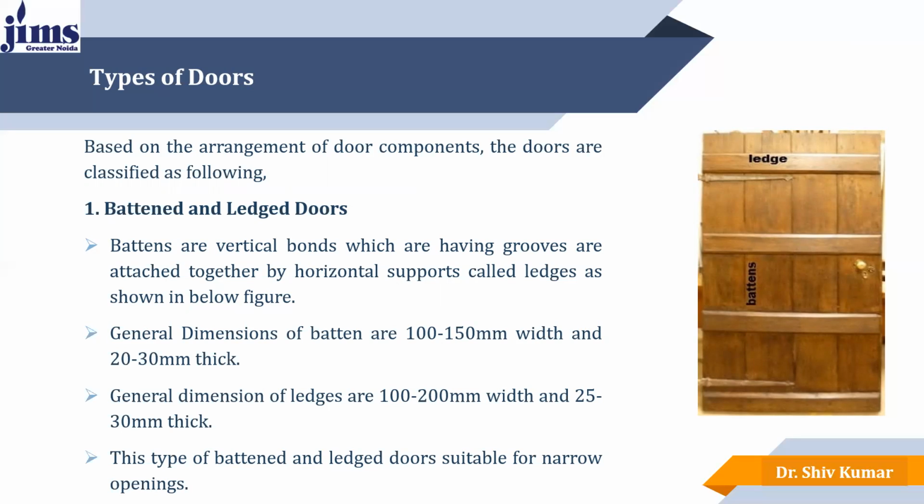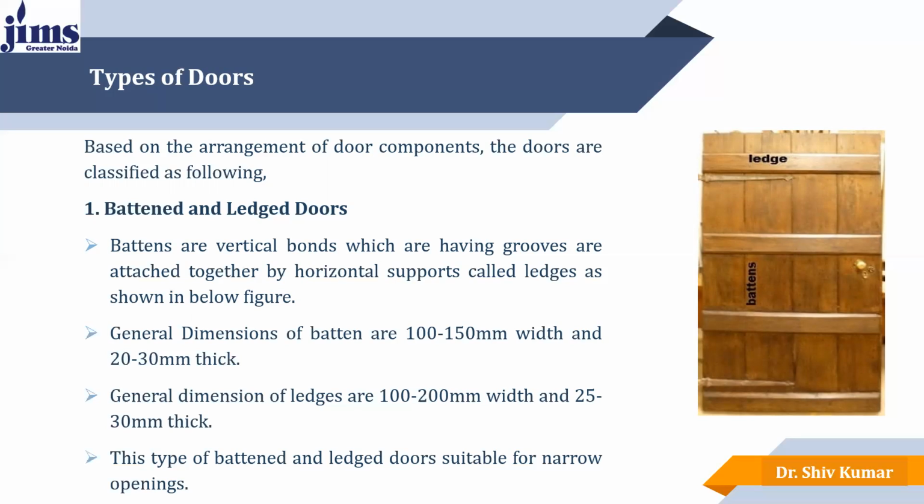These are one of the basic types of doors which were used since the starting of civil engineering. When we started using doors, we started with some basic types of door. These may be of 3 or 4 types. These are made up of batten, ledge, and braced.